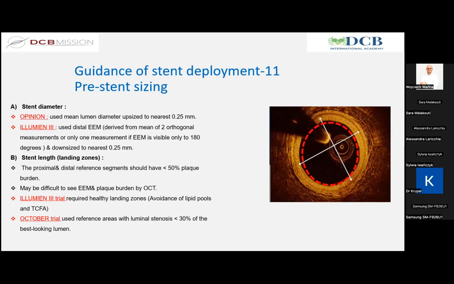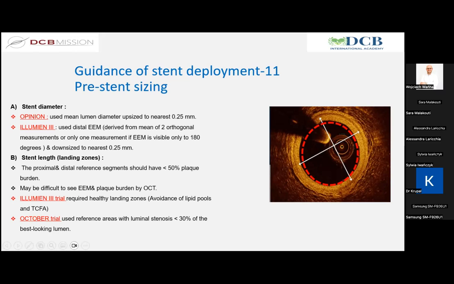Studies about guidance of stent deployment for pre-stent sizing. For pre-stent sizing, we have two choices: either sizing of the stent according to the lumen, as we can show here in the red dotted circle, or sizing according to the external elastic lamina diameter, as we can show here in the white arrows.